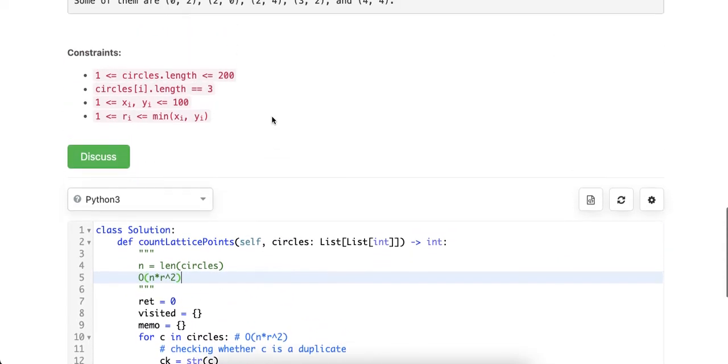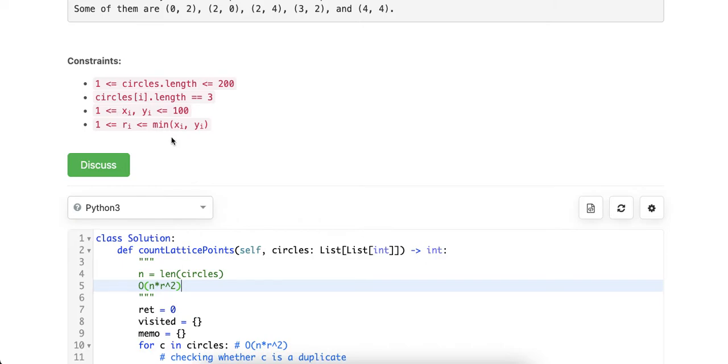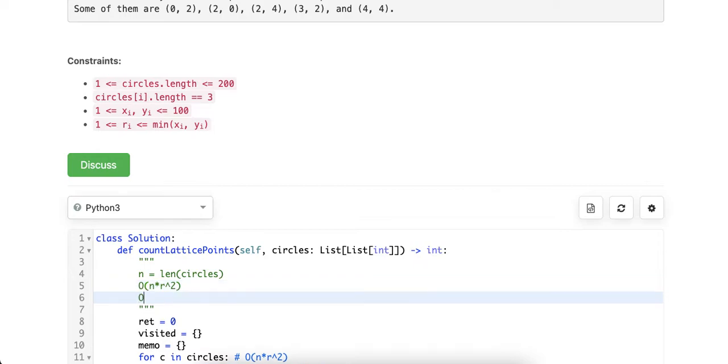Now, if we go up here, another way, if we want to argue, the r at maximum can only be 100. So, in a sense, we can always say that this is actually 10,000 times n at worst case, because the r is limited by the constraint. Of course, this doesn't really make sense because the circles also have a limitation of 200.